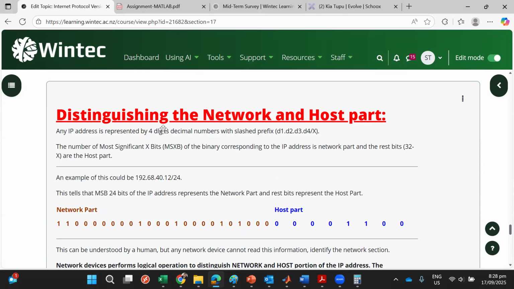It's not 4 digits actually. It should be 4 decimal numbers with a slashed prefix, right? So I can represent this as decimal numbers D1, D2, D3, D4. These are the 4 numbers separated by dots. And each of these decimal numbers D1, D2, D3, D4 corresponds to an 8-bit binary number.